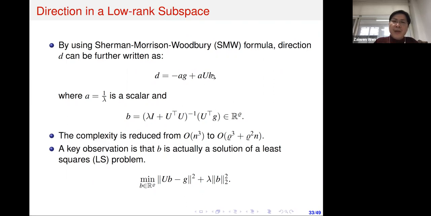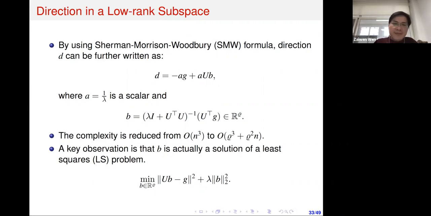But the main challenge is that we have to compute B and also compute U times B. In ordinary problems, there's no difficulty, right? It's a matrix times a vector. There's no difficulty at all. But if you look at neural networks, for example, in ImageNet, then you have trouble.